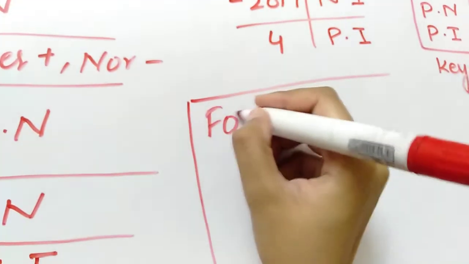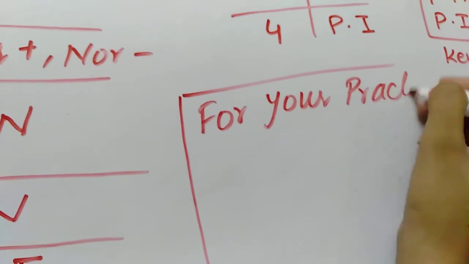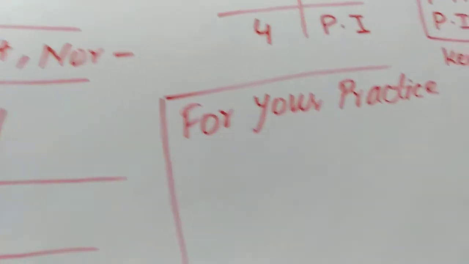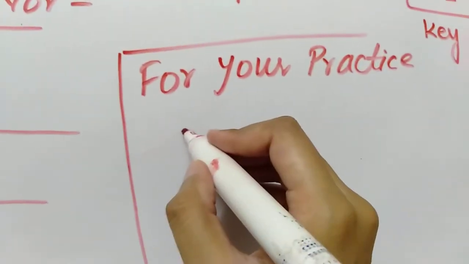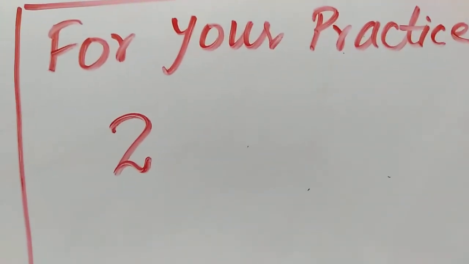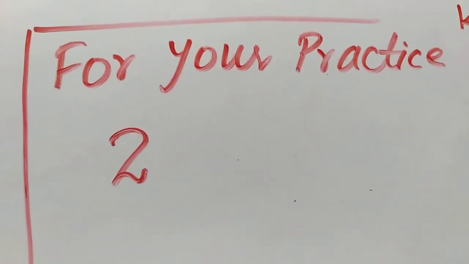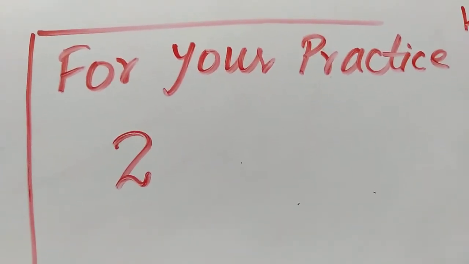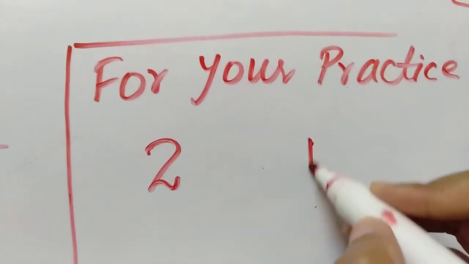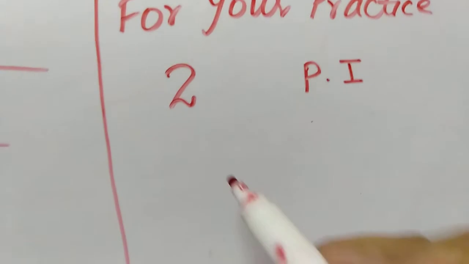Now for your practice, can you guess this number? Is it a positive number, positive integer, negative number, or negative integer? Can you think about it? Yes, it's a positive integer because it's not a fraction and it has a positive sign.